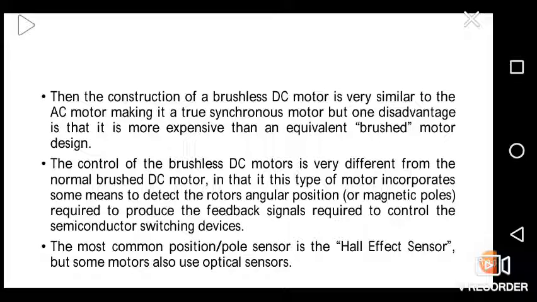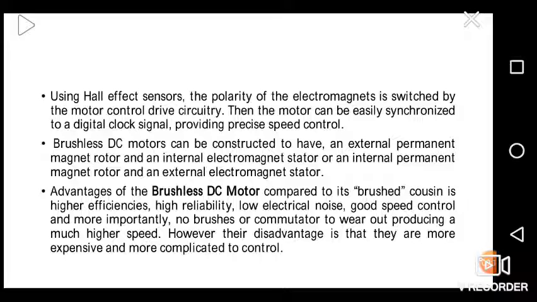The most common position sensor is the Hall effect sensor, but some motors also use optical sensors. Using Hall effect sensors, the polarity of the electromagnets is switched by the motor control drive circuitry. Then the motor can be easily synchronized to a digital clock signal, providing precise speed control.